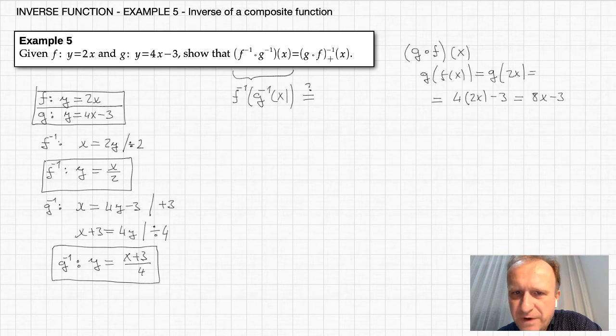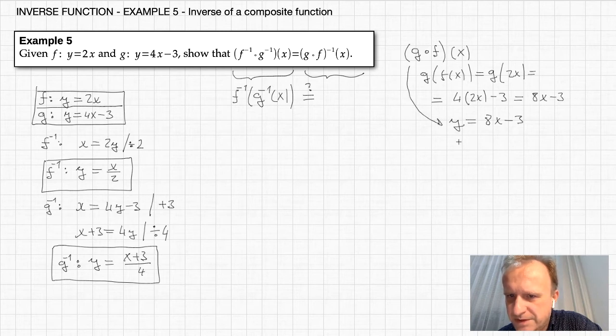Now I need to find its inverse, which goes to this right-hand side. So what is the inverse of this function? Well, the inverse can be obtained by replacing y and x in the formula of the function. So this is the original formula of this function. And now if I replace those variables by each other, it's x equals 8y minus 3, and express y, I should get the function that I need.